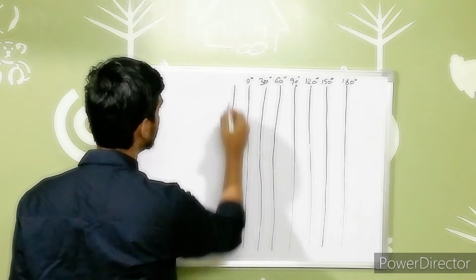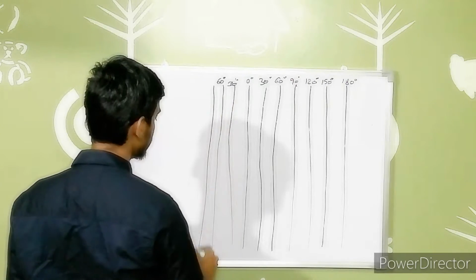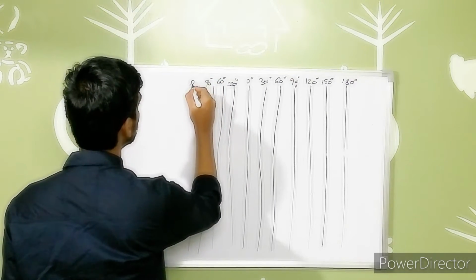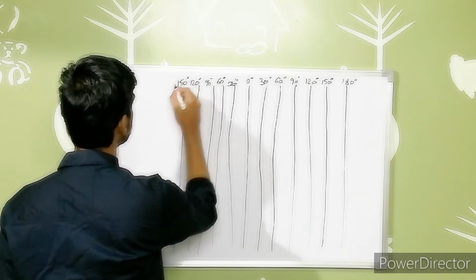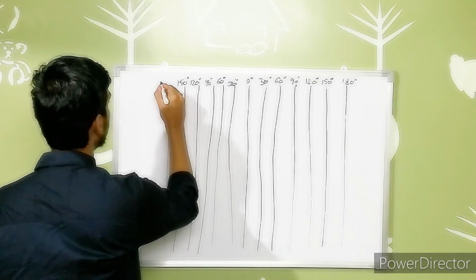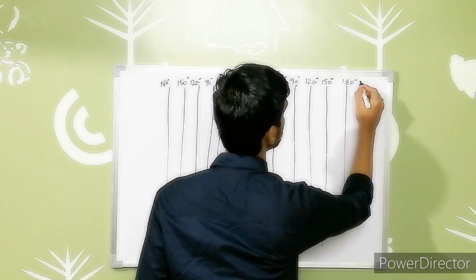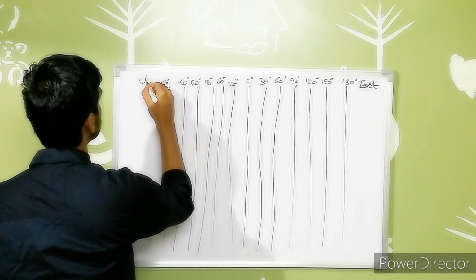Again on this side 30, 60, 90, 120, 150 and 180. So, guys, this is the east side and this is the west side.